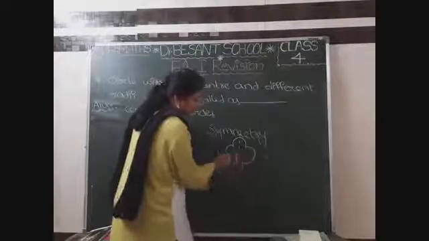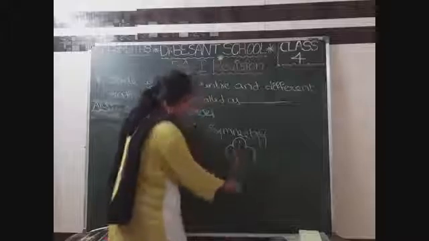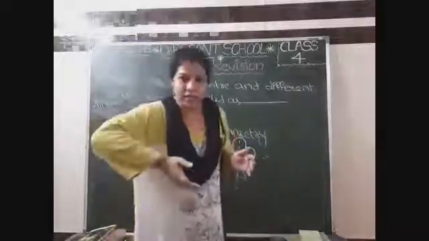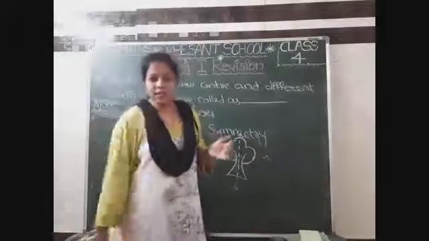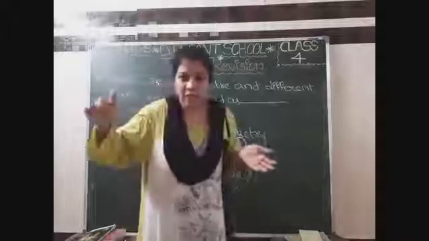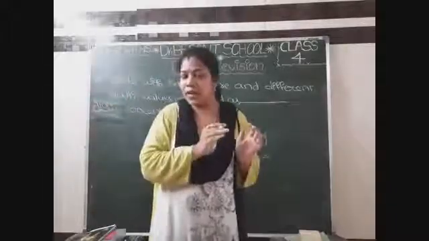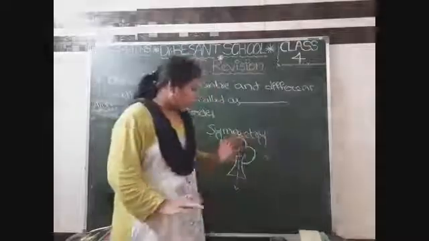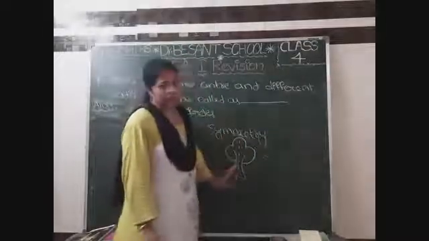This is called a horizontal line of symmetry and this is called a vertical line of symmetry. Actually, the line which is vertical, top to bottom, that line of symmetry is called as vertical line of symmetry. The line which is horizontal means left to right or right to left, that is called as a horizontal line of symmetry.